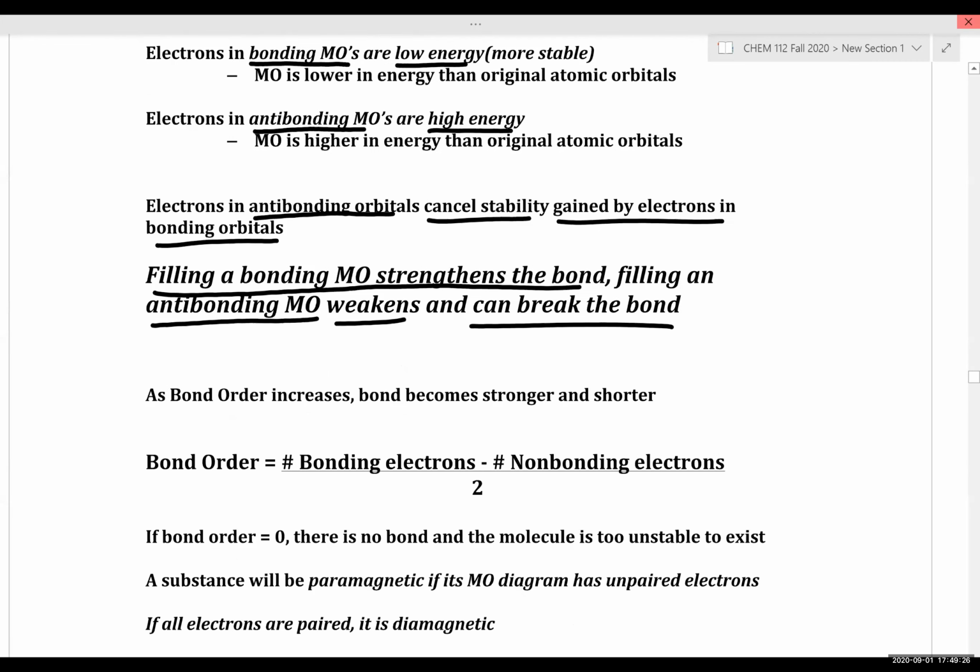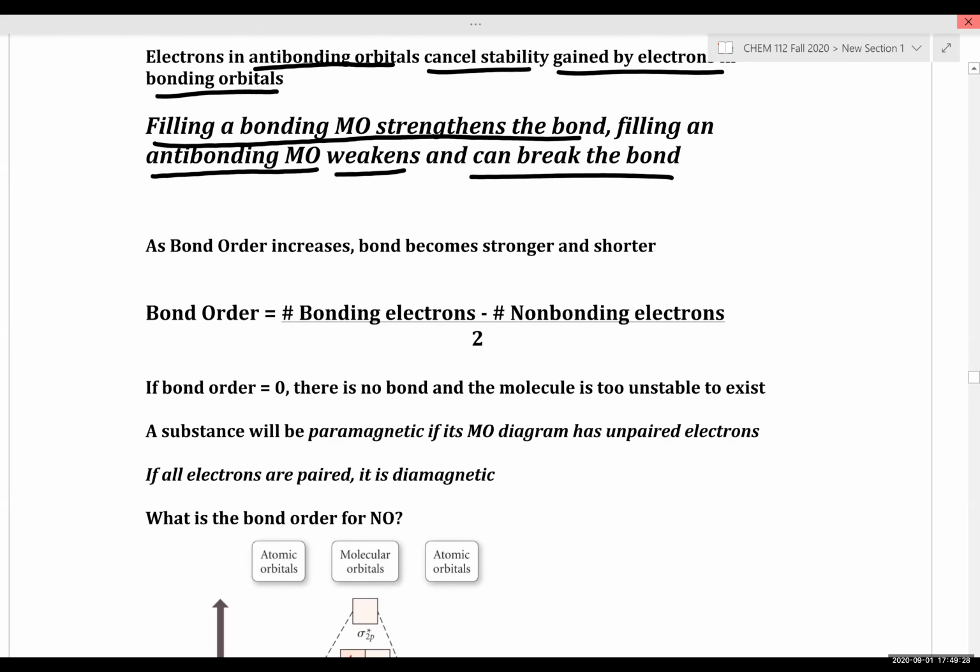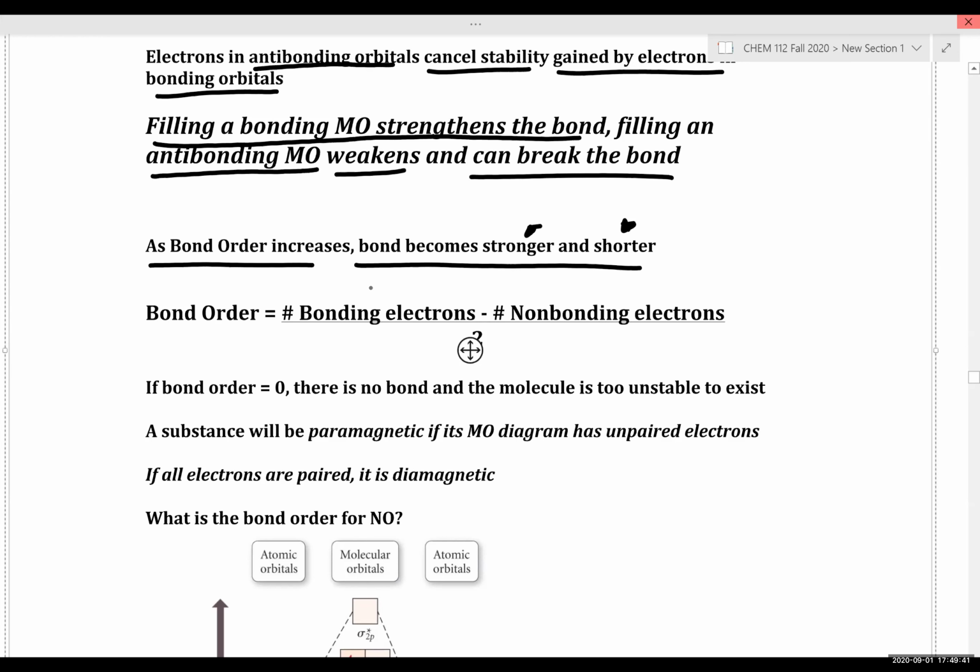So we measure the relative bond strength using this idea of bond order. As bond order increases, the bond becomes stronger and shorter. Now, bond order is described as the number of bonding electrons, those in our sigma and pi bonding orbitals, minus the non-bonding electrons.